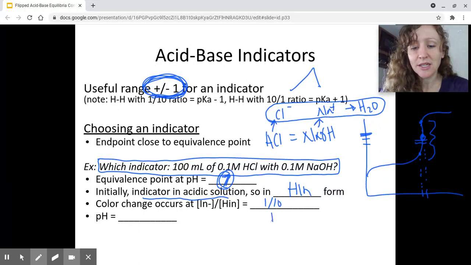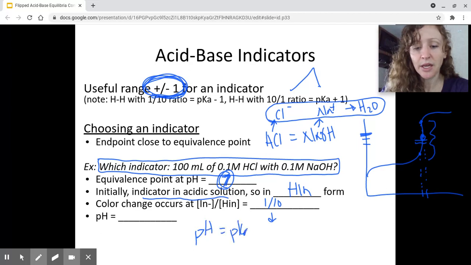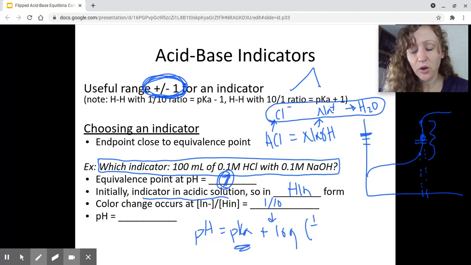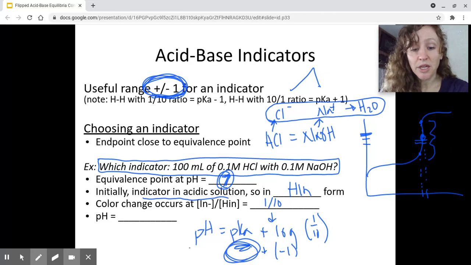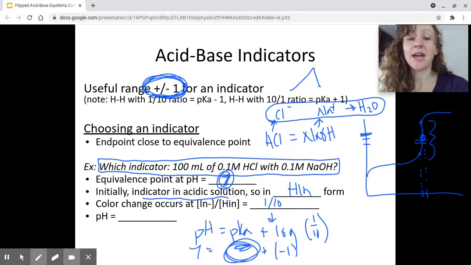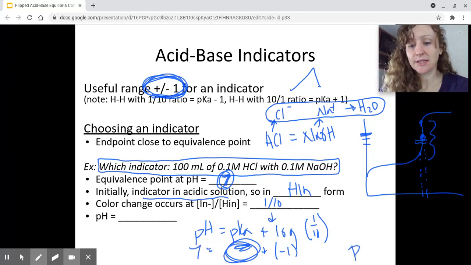Well, we plug this into the Henderson-Hasselbalch equation: pKa of our indicator plus log of 1 over 10. We already saw this was going to be a -1. So if we want a pH of 7, then our pKa has to be around 8.